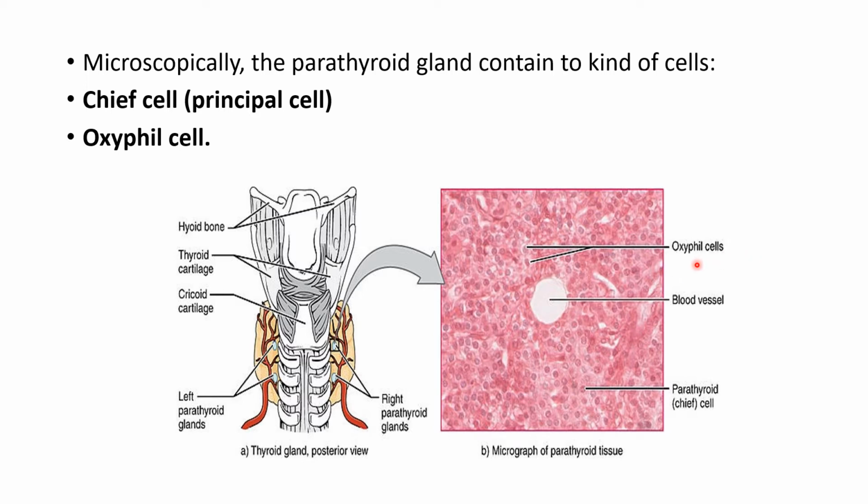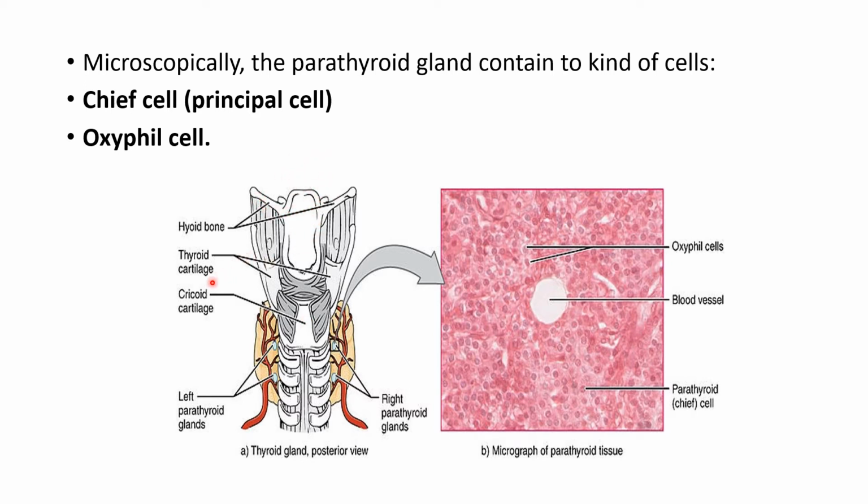How can we identify that this is a parathyroid gland? The cells get pigmented by some stain, and we can identify the oxyphil cells, so maybe this is a parathyroid gland. Here this is the thyroid bone, and here the larynx.